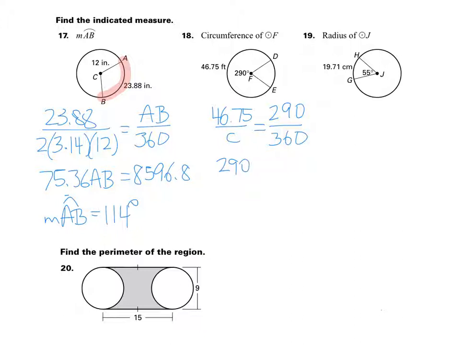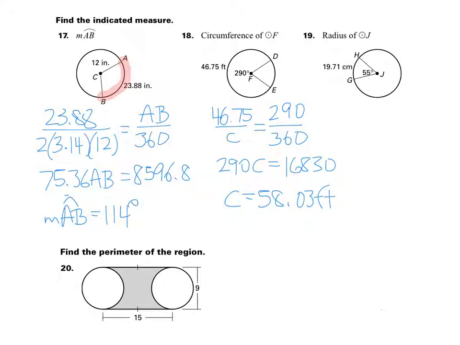So I'm trying to find C. Divide. You get this circumference to be 58, and there's a 0.03 in the end. Units, feet.